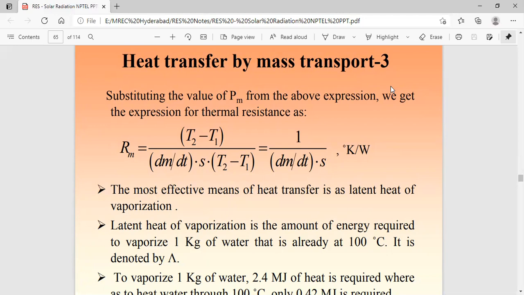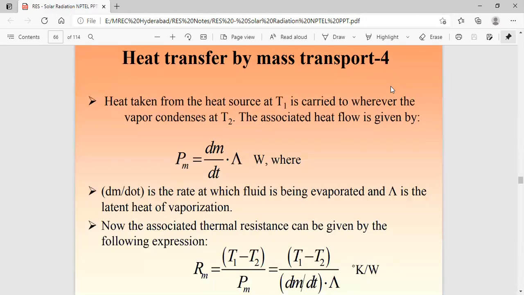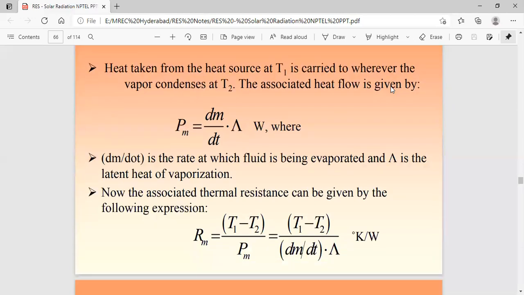It is denoted by A. To vaporize 1 kg of water, 2.4 megajoules of heat is required, whereas to heat water through 100 degrees centigrade only, 0.42 megajoules is required. Heat taken from the heat source at T1 is carried to wherever the vapor condenses at T2.